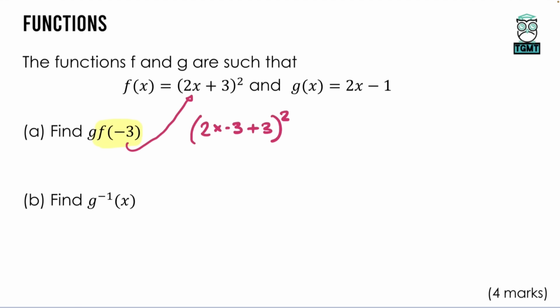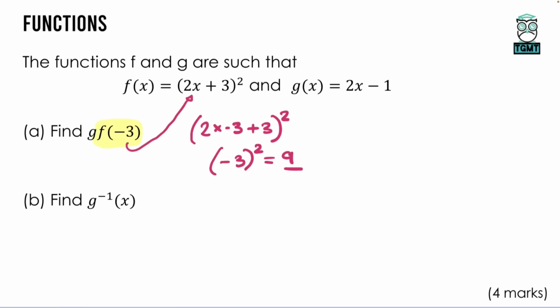And that whole thing is squared. So we just have a number calculation here to work out. 2 times -3 is -6, add 3 is -3, so it's -3 squared, and that is +9. So when we put -3 into the f function, we get +9.